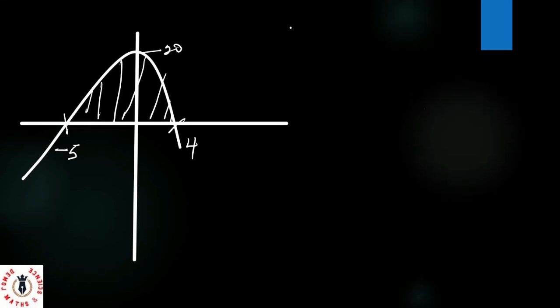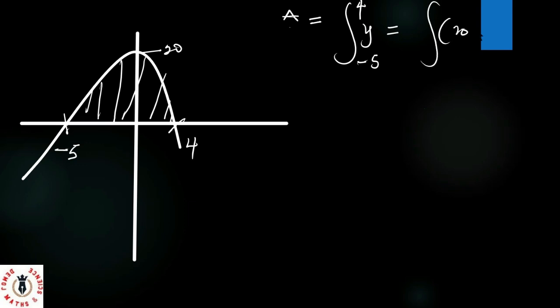We're saying that my area bounded by that curve, A, is the same thing as the integral of y between 4 and minus 5, which is the same thing as the integral of 20 minus x squared with respect to x, moving between 4 and minus 5.